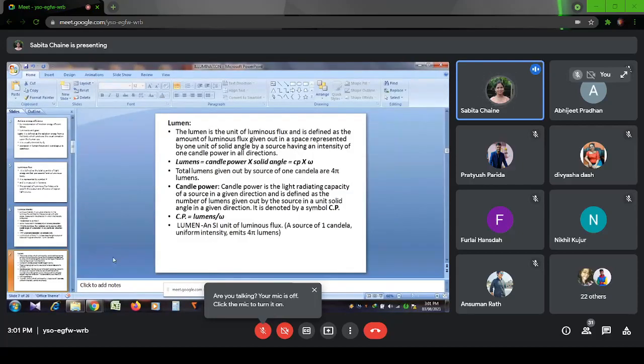So what are the different terms? Lumen. You go for the lumen. The unit of the luminous flux is lumen.